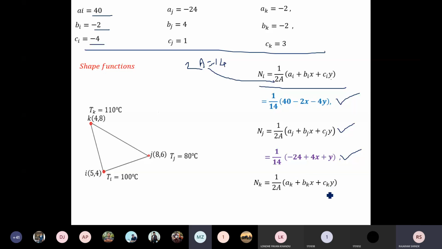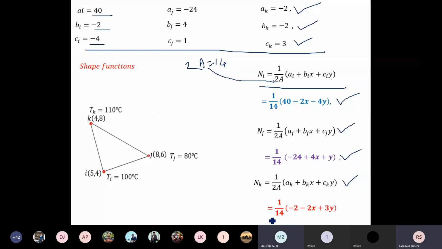Now, solving. 1 by 2a, I have written here. Ak is minus 2, Bk is minus 2x, plus Ck is 3y. Yes, and Nk is this one.